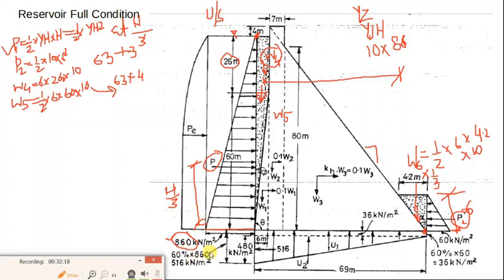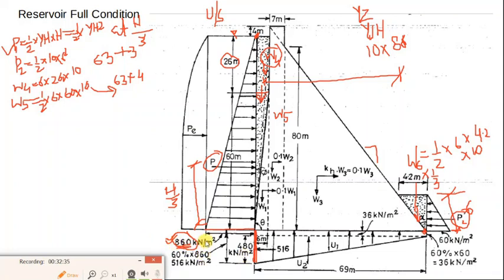So 60% means we have to consider 60% of this water pressure. So at heel the uplift pressure will be 60% of 860.